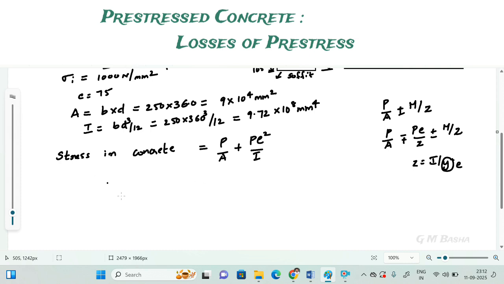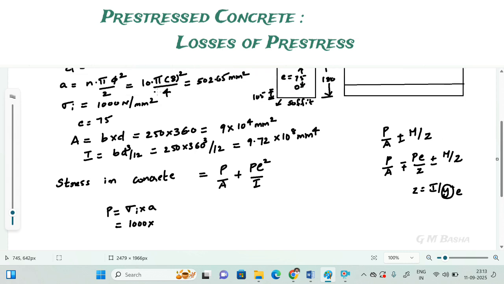After that, how will this P be obtained? P is the pre-stressing force, so that one will be equal to stress into area. What is stress will be given in the question: 1000 Newton per mm square. Area, we already found that one, will be equal to 502.65 mm square.